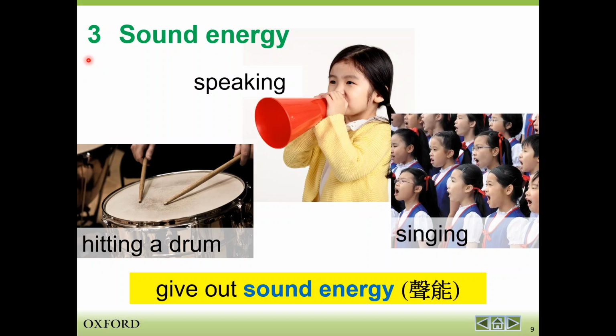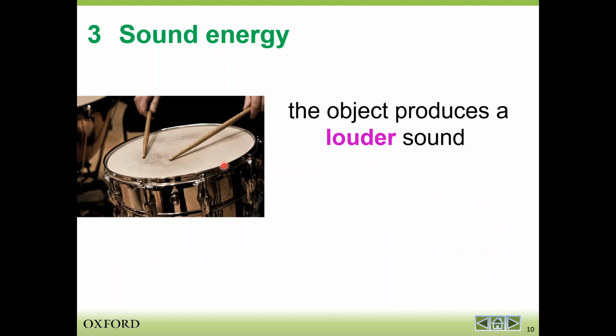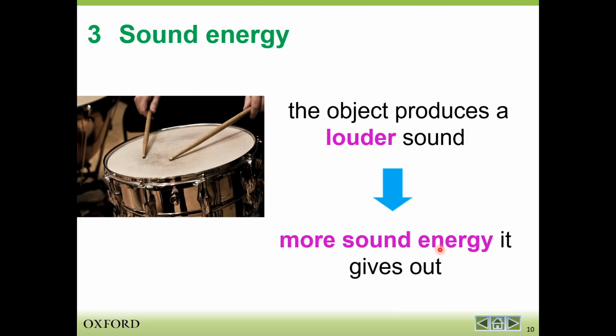The third form of energy is sound energy. For example, when you are hitting a drum, speaking loudly, or singing, you give out sound energy. When the drum produces a louder sound, the drum gives out more sound energy.